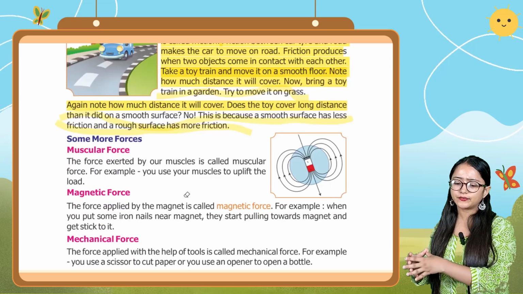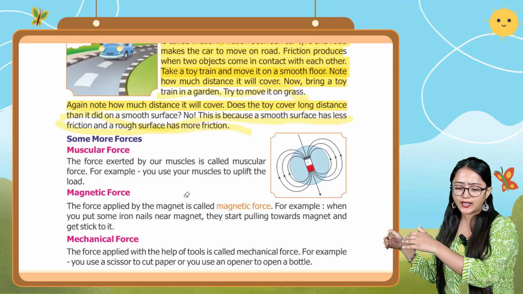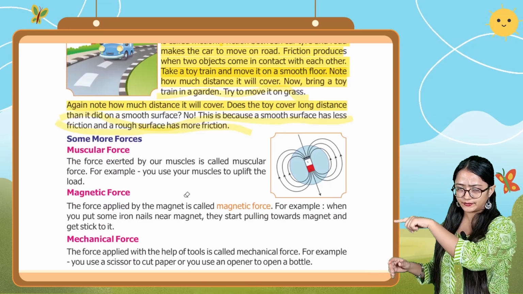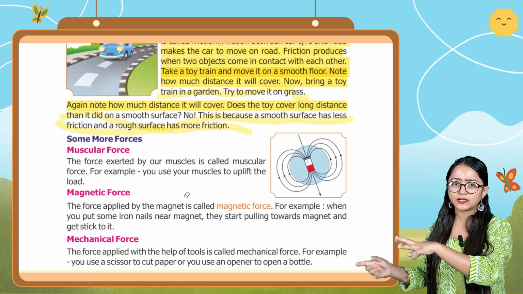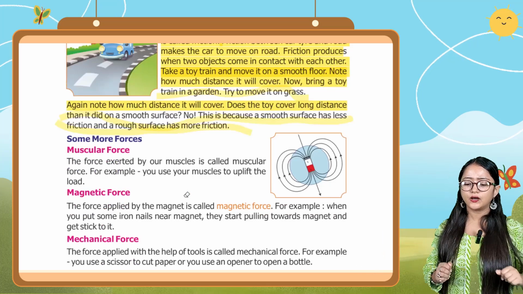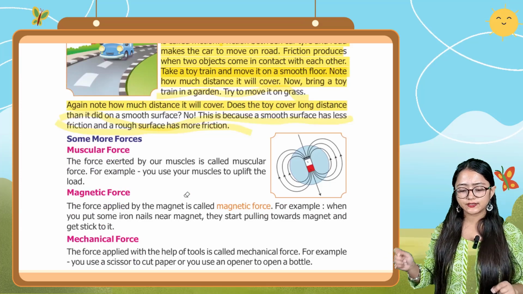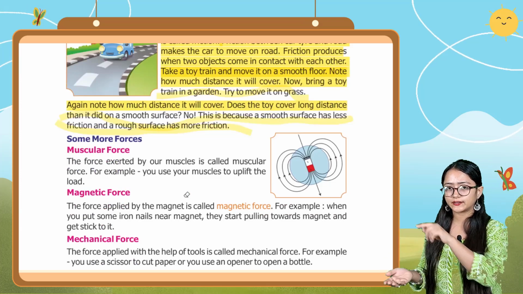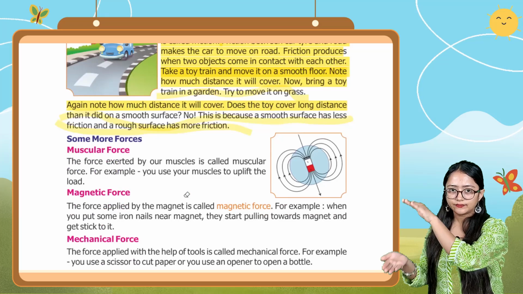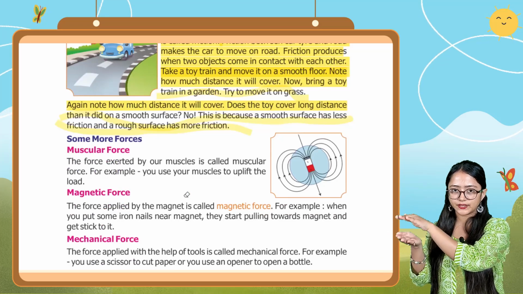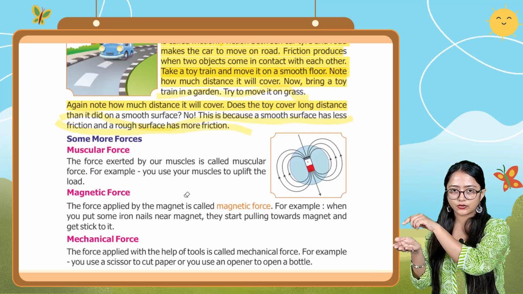And friction between the car tire and road makes the car move on the road. Friction is produced when two objects come in contact, like the tire and that road, when the tire is coming in contact with the road.